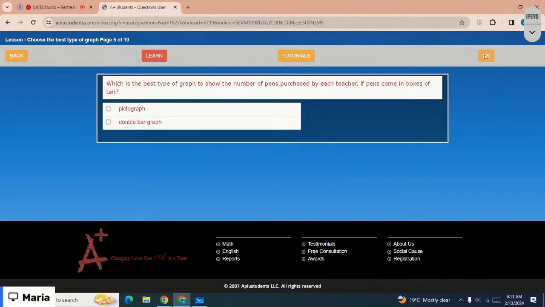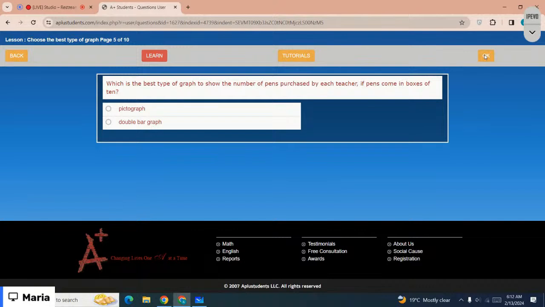Which is the best type of graph to show the number of pens purchased by each teacher if pens come in boxes of 10?